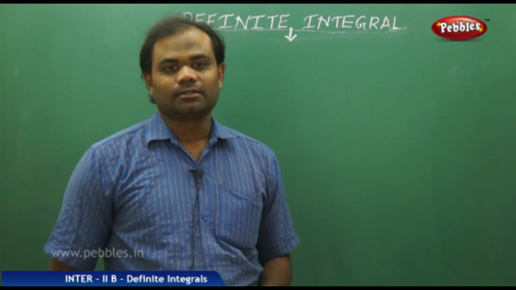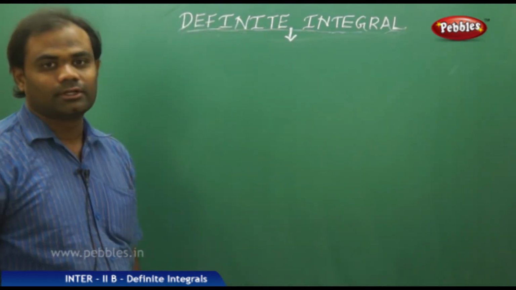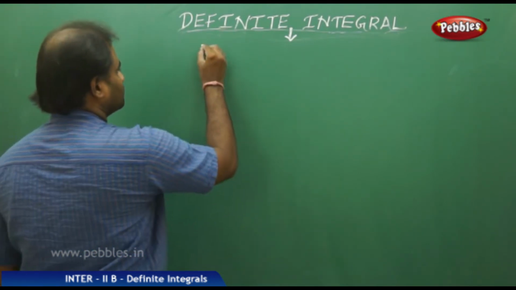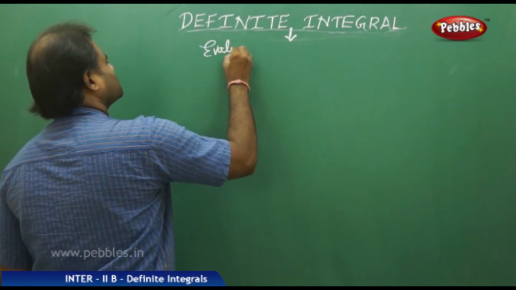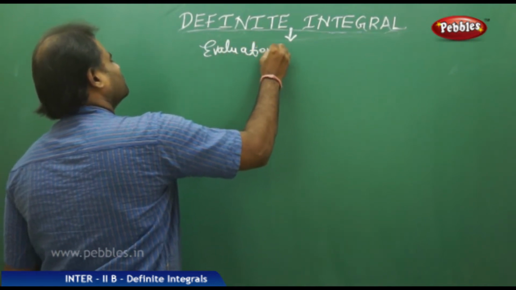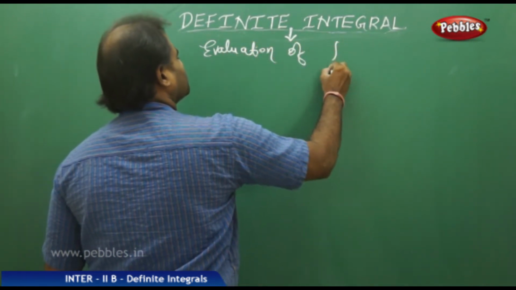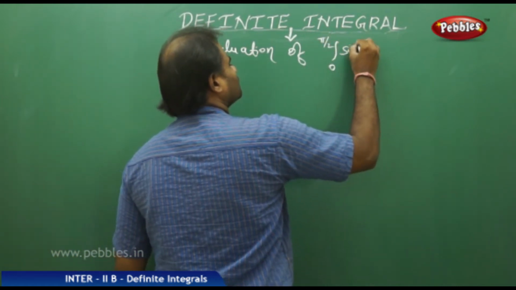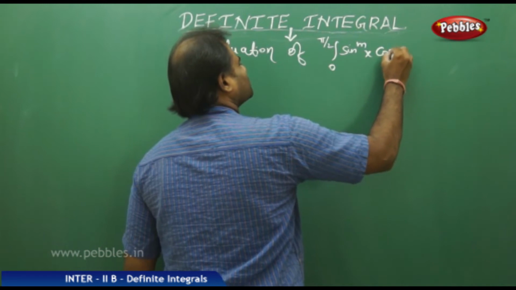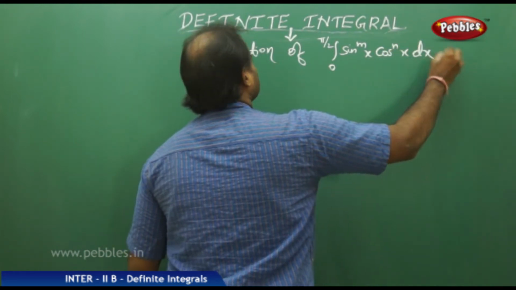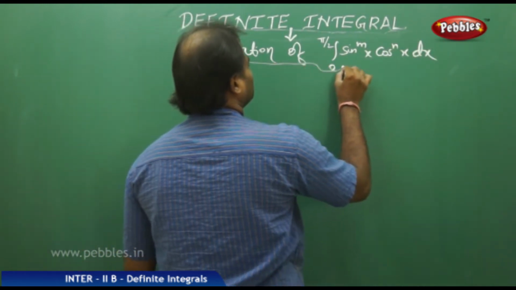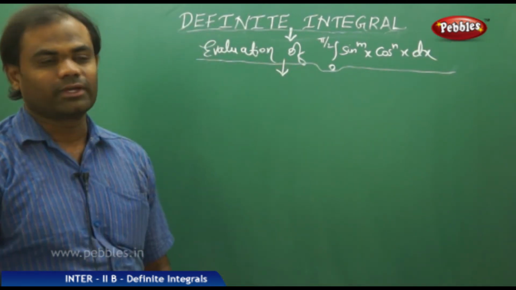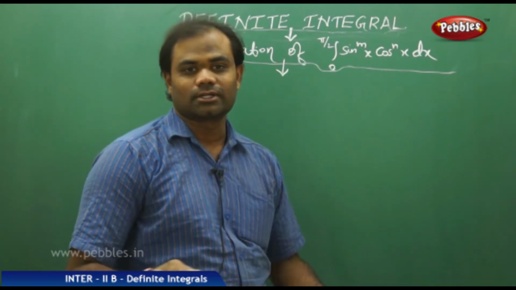Now let's see the evaluation of the integral with a combination of m and n. That is, the evaluation of integral 0 to pi by 2 sin power mx cos power nx dx. So let's see how we can evaluate this integral using the formulae.